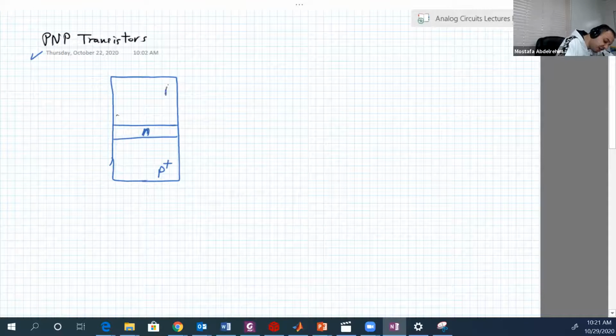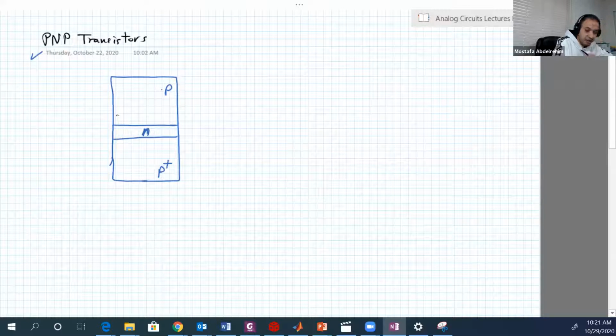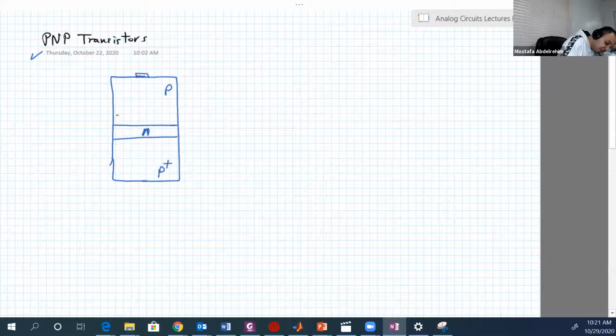And the collector is again P type, but it's lighter doped than the emitter. So again, this is our collector, this is our emitter, and here is our base.